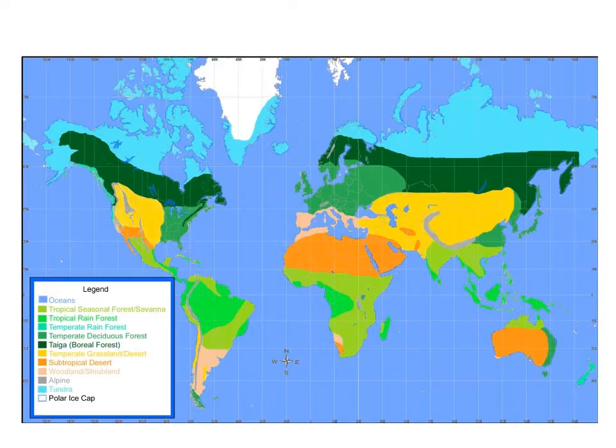So this is more or less the distribution of vegetation zones at the broadest global scale. And like I said, we're going to focus on North America. The main forest types in North America: of course we have Arctic tundra up here in blue, but we have a big zone of boreal forest, that's the dark green. We have a big zone of temperate deciduous forest, or temperate seasonal forest.